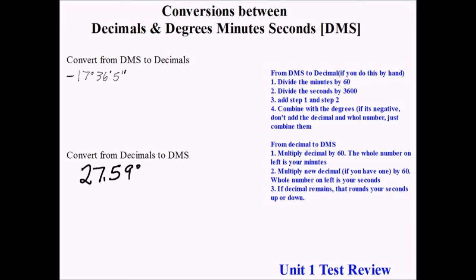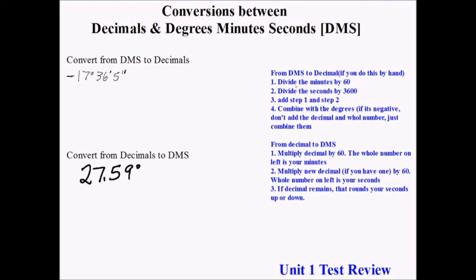When we go from DMS to decimal, you're going to divide the minutes by 60, and you're going to divide the seconds by 3600, and then you're going to combine the degrees. You're not going to add the decimal with your whole number because it's going to throw you off if you have a negative.